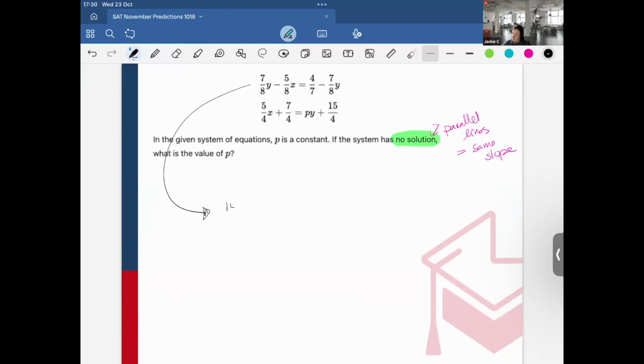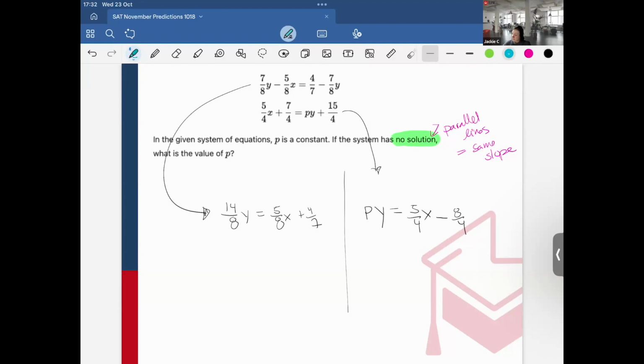So this would just be 14/8 y is equal to 5/8 x plus 4/7. And this one here, I'll rearrange here. This would be like py is equal to 5/4 x, and then minus 8/4, which is just 2.